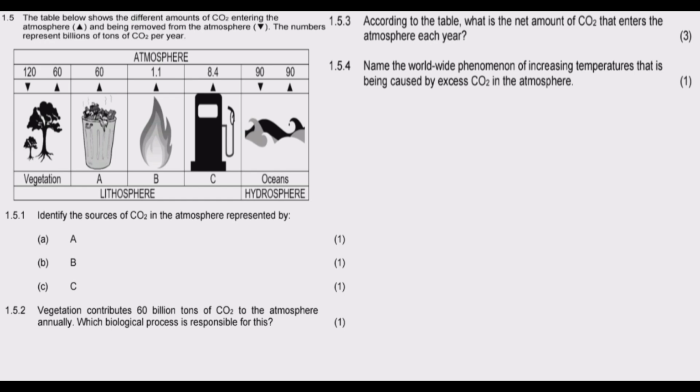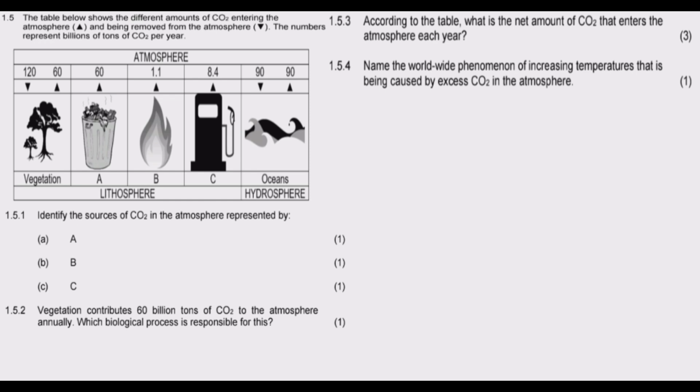So this is the atmosphere. Now we have the vegetation, we have the bin here, which must be where wastes are thrown, and we've got the flame here, the sign of the fueling station here, and our oceans here, which is the hydrosphere. And this is the lithosphere.